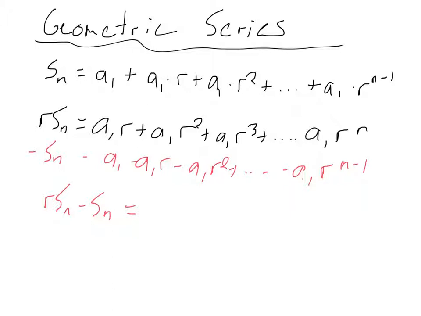So if I subtract that, what am I going to be left with? On the bottom here, I'm subtracting a sub 1. There is no a sub 1 term by itself in the other equation, so this is still going to be here. But then these are going to cancel, these are going to cancel, all the way out to the r to the n minus 1 term, which is the term before this one.